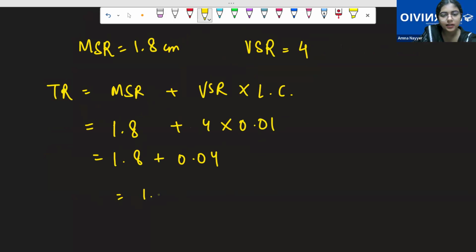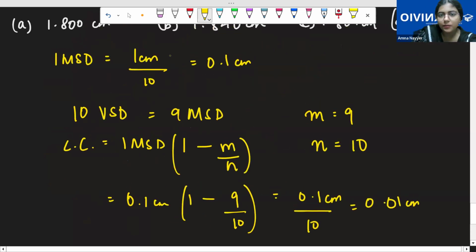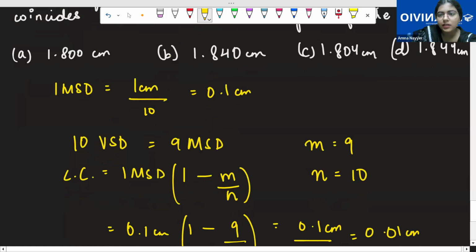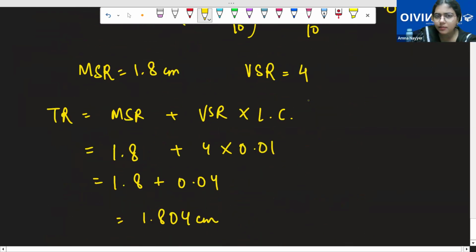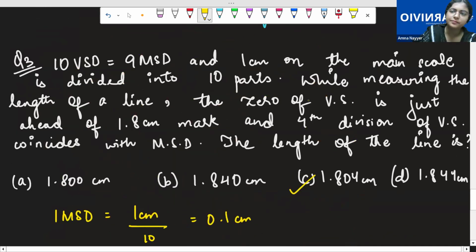So this is 1.804 centimeter because the unit here was centimeter. So what were the options? C option, 1.804 centimeter would be the answer. Okay, now write down this. Let's discuss a little bit about screw gauge.